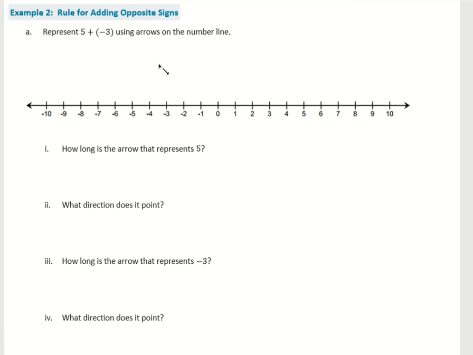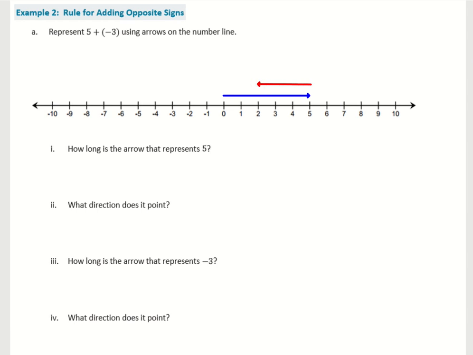So we are going to represent 5 plus negative 3 using arrows on our number line, just like what we had done before. So, once again, I'm going to go with my arrow for 5, starting at 0. And then my arrow for negative 3 is going to start where my last arrow ended. It's going to end right there.